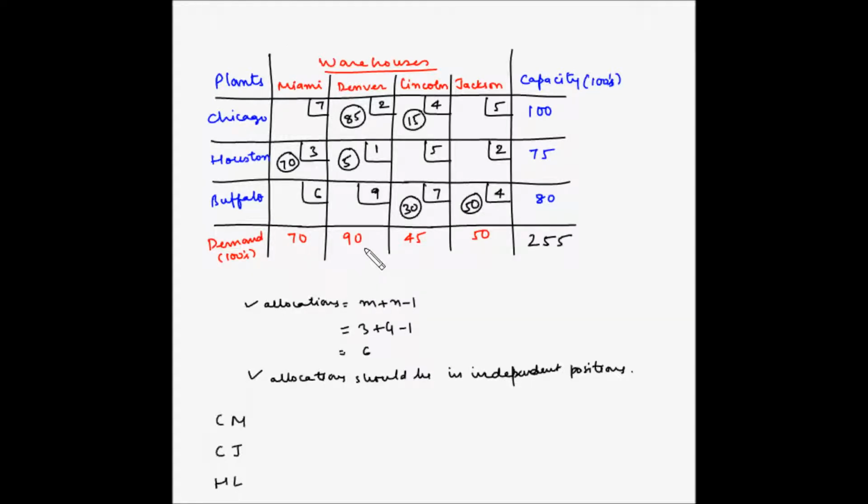Now the next step is to establish a closed path using rectilinear motions, that is moving horizontally and vertically only, starting from the selected square via the stone squares. Stone squares are the ones with allocation. So via the stone squares and then back to the same water square.